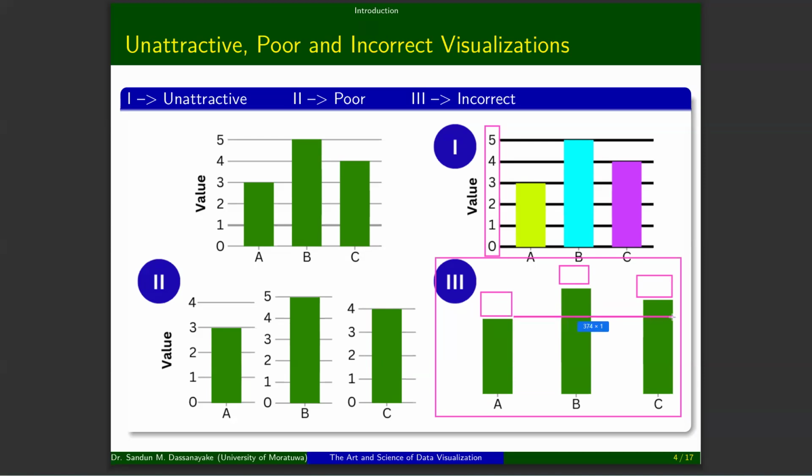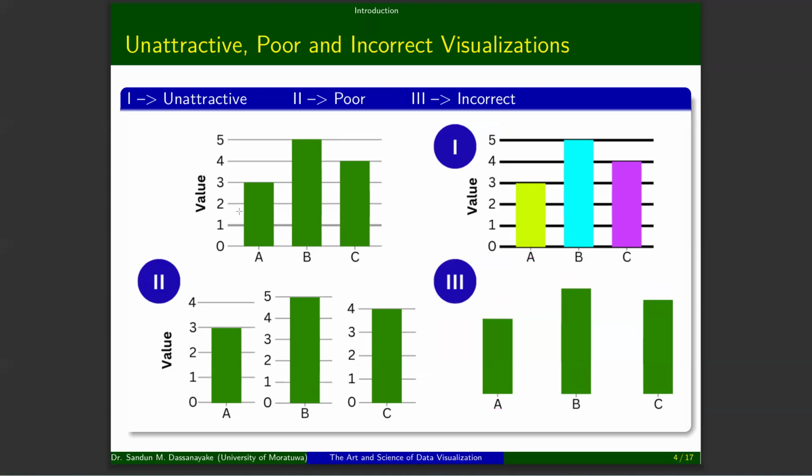If you want to put a label on top of this particular bar, it indicates the same thing. Why don't you put A is this value, B is this value, and C is this value? It will only use a space like this.